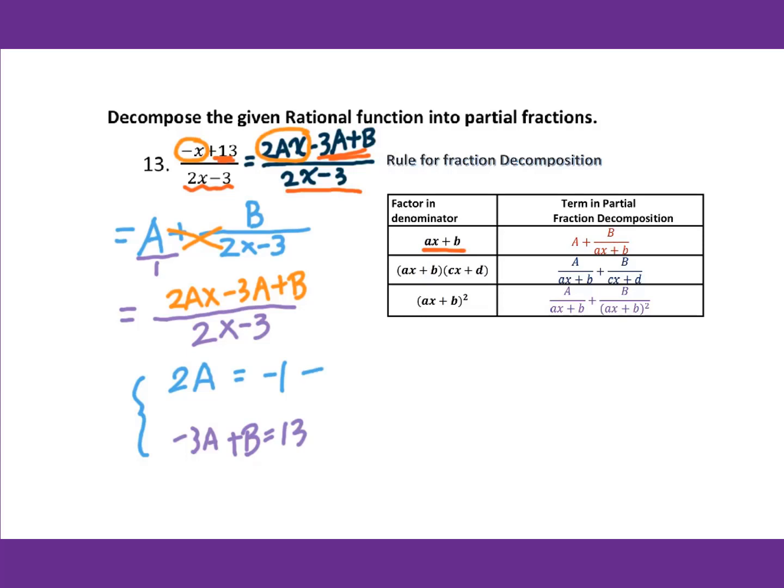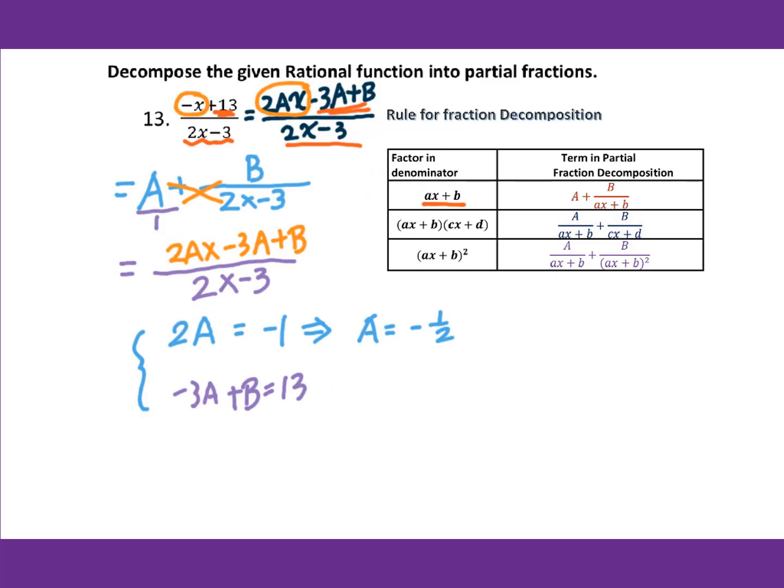From the first equation, we get a equals -1 over 2. And I plug into the second equation: -3 times -1 over 2 plus b equals 13.